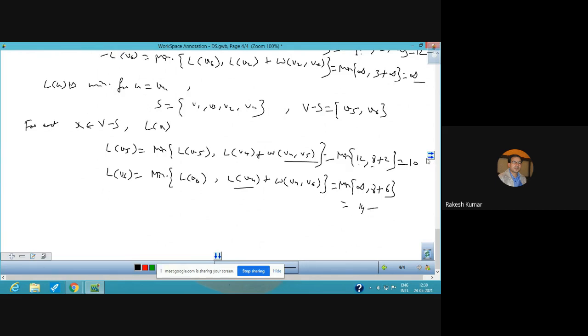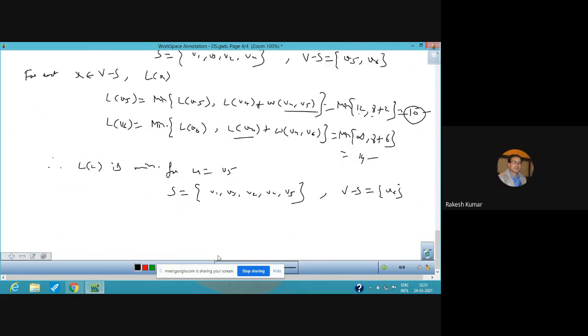So between 14 and 10, 10 is the minimum value. So therefore L(U) is minimum for U equal to V5. Hence the set S contains V1, V3, V2, V4, V5. And your V minus S set should contain V6.